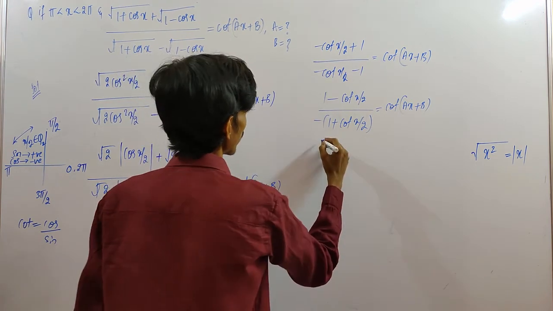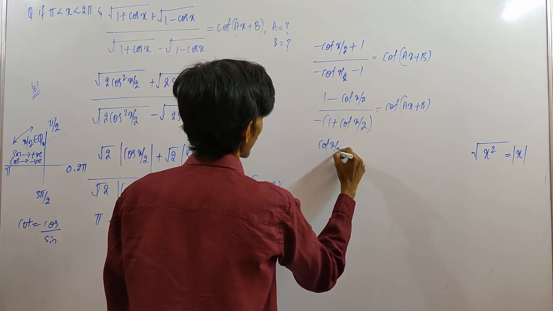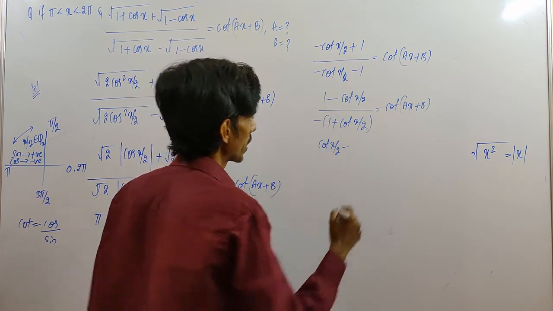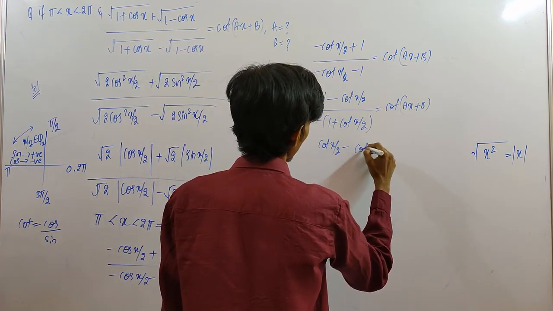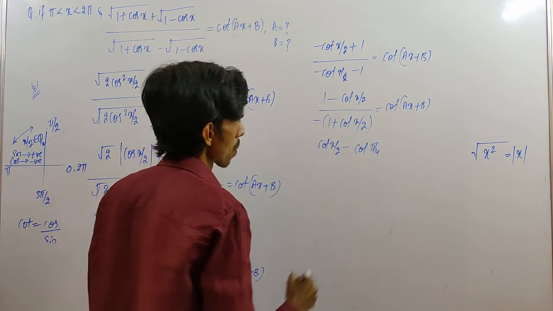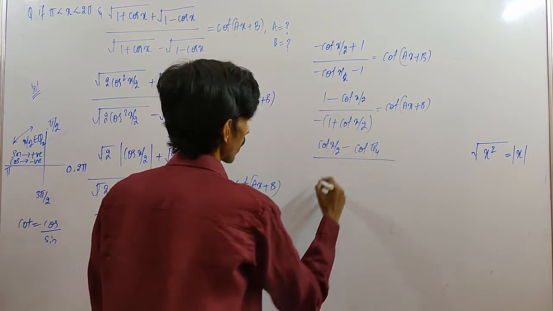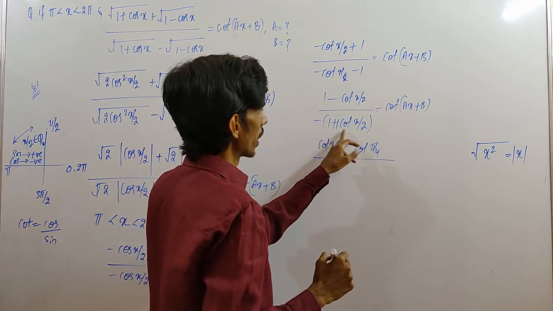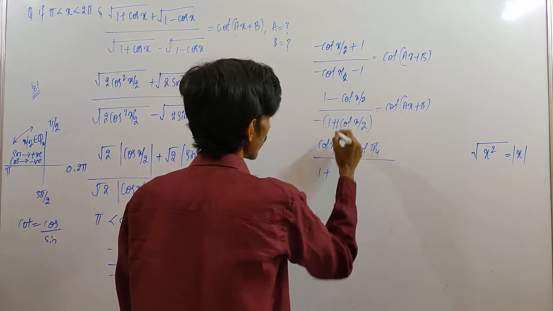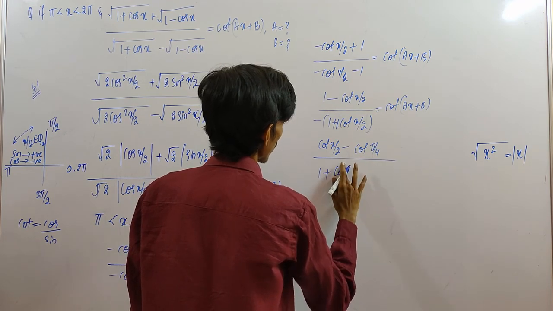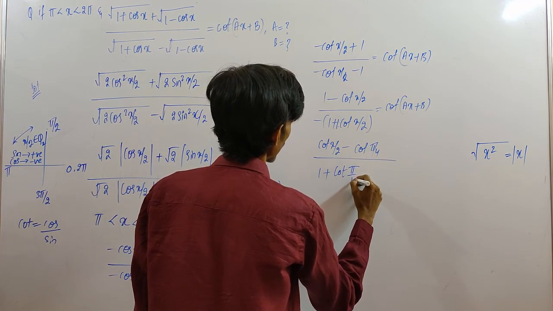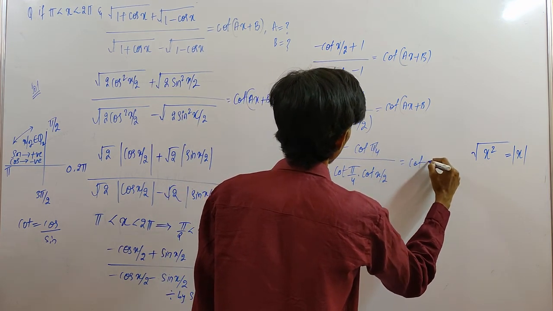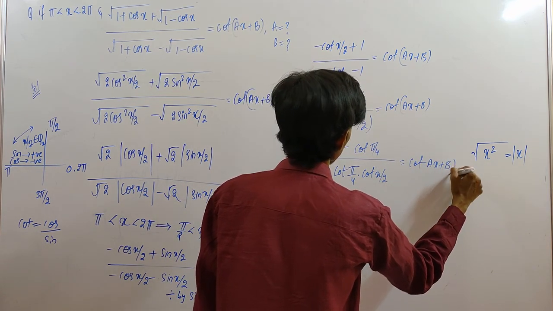Multiplying this minus, it will become cot x by 2 minus 1, since minus into minus is plus, and minus 1. 1 can be written as cot pi by 4, divided by 1 plus, where 1 is multiplied by cot x by 2. So the value of 1 is cot pi by 4 into cot x by 2. That is equal to cot(ax plus b).